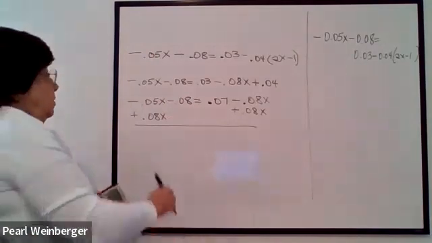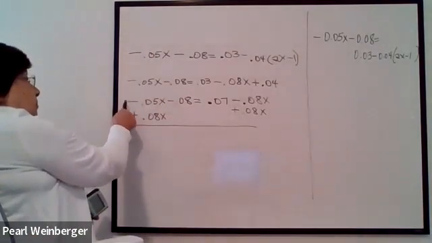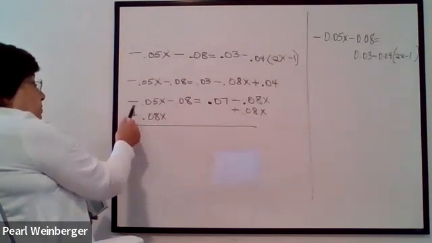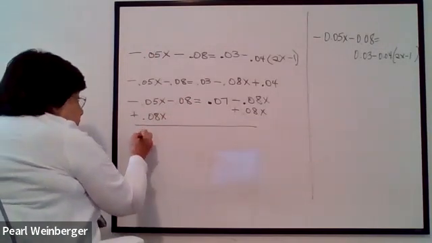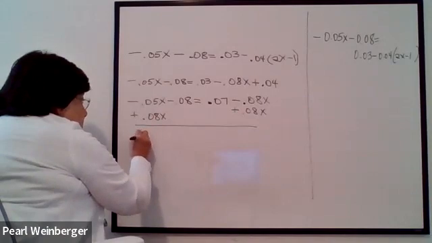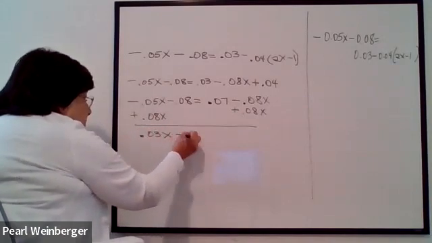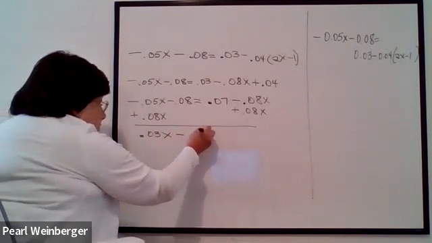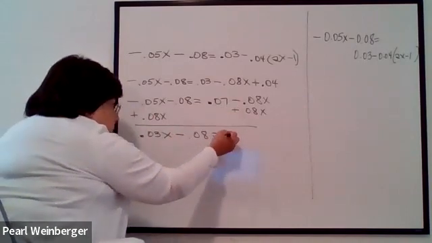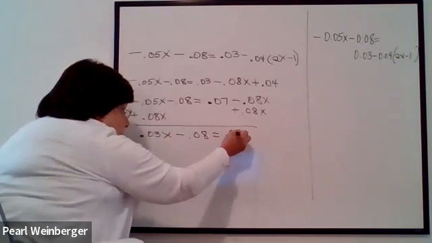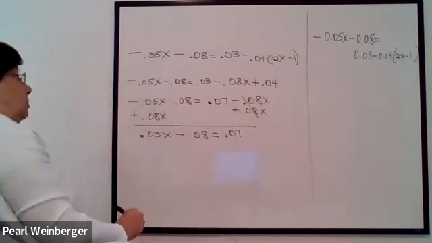I knew that the answer was not coming out right, because I knew what type of answer to look for. Okay, going back to this, the negative 0.05 and the plus 0.08 we had from before is 0.03x minus the 0.08 equals the 0.07. This, of course, is gone.